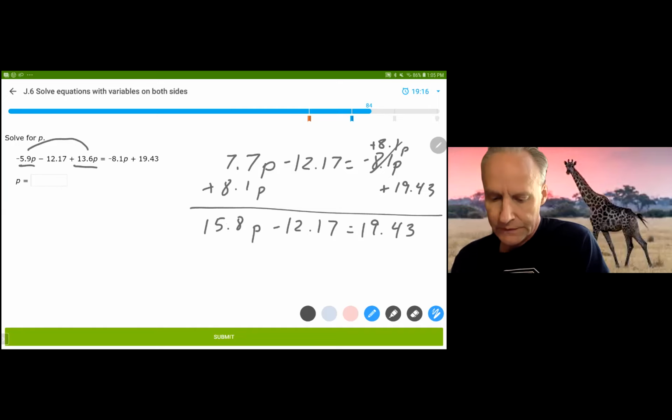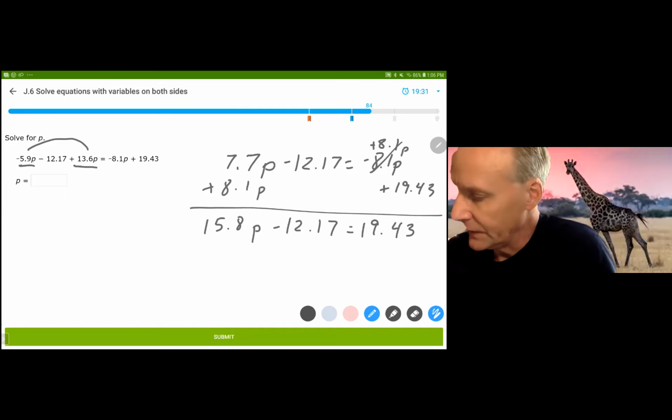That's 12.17. The problem with doing it with the calculator is that you just turn your brain off. Again, and divide by 15.8, which looks like it's going to be 2. Sure enough, it is.